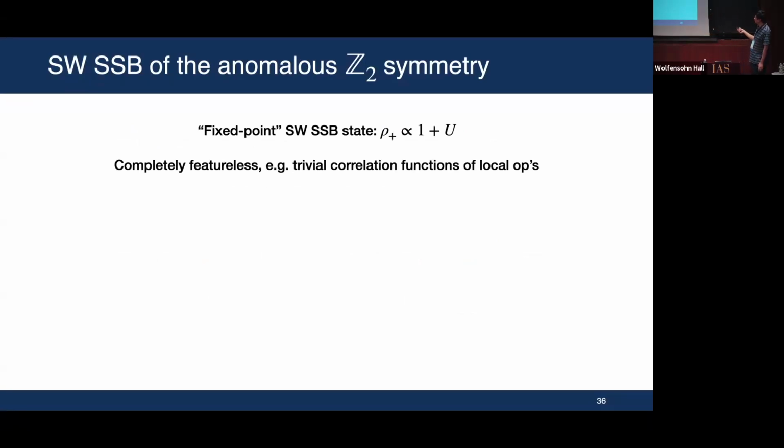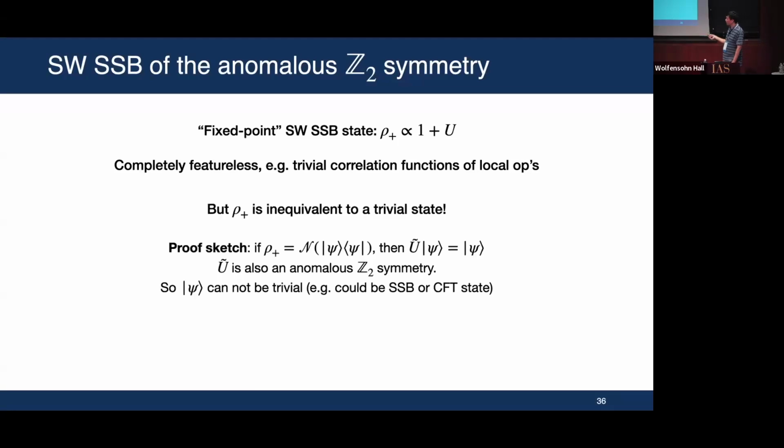So, just generalizing 1 plus X, now we have 1 plus U, where U is this anomalous Z2 symmetry generator. It's projecting to the subspace where U is 1. That's all it does. Now this state, again, is completely featureless. If you calculate correlation functions, they look as boring as can be. You don't see any feature in observables.